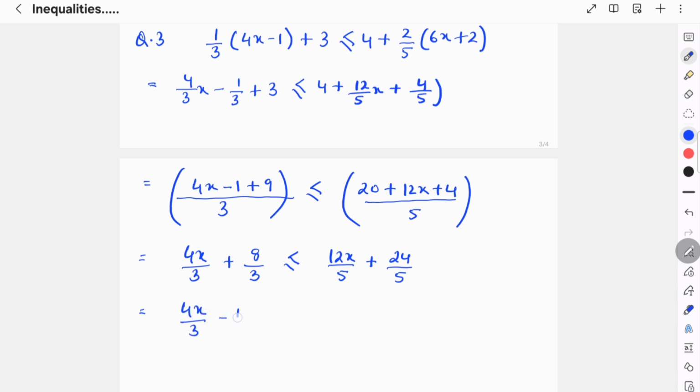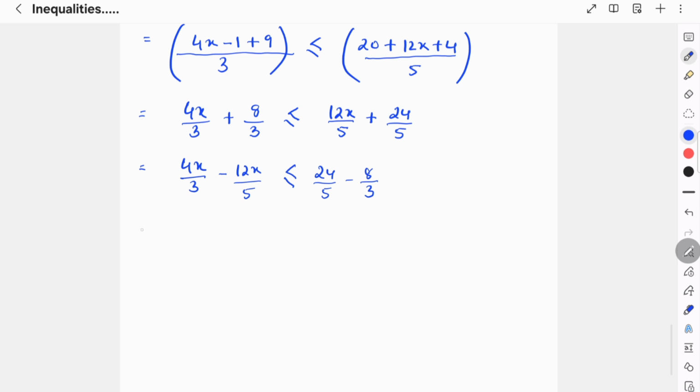Now solving for x, we get 4x by 3 minus 12x by 5 is less than equal to 24 by 5 minus 8 by 3.